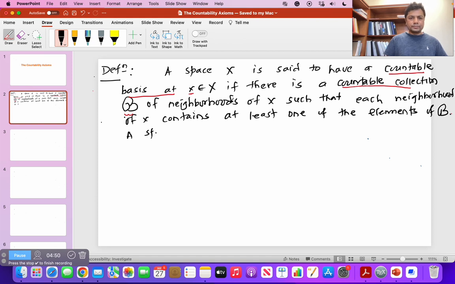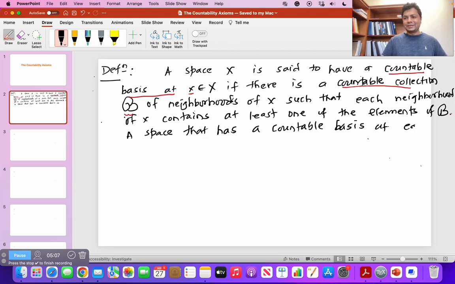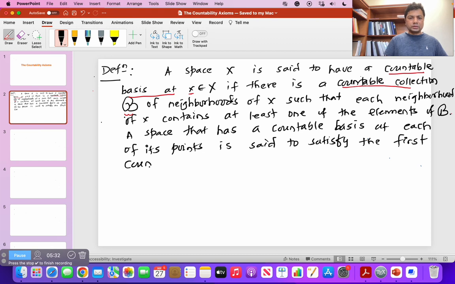A space that has a countable basis at each of its points is said to satisfy the first countability axiom, or the space is said to be first countable.